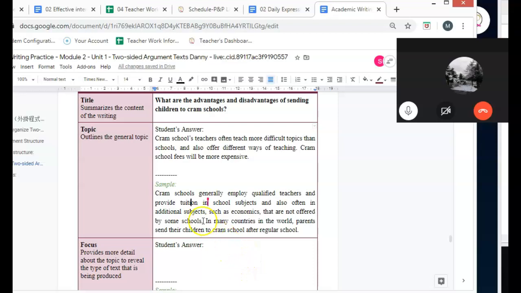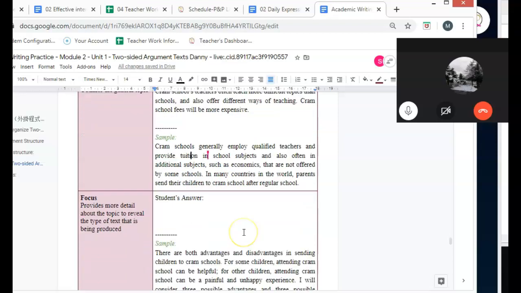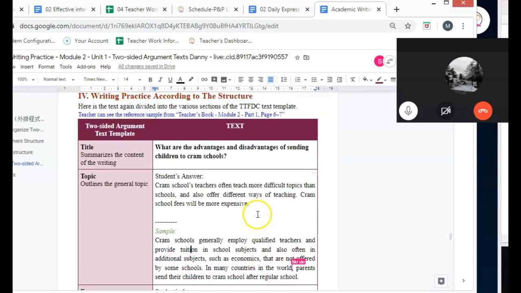In many countries in the world, parents send their children to grammar school after regular school. So you can add more answers later and then we will check it next class, okay?